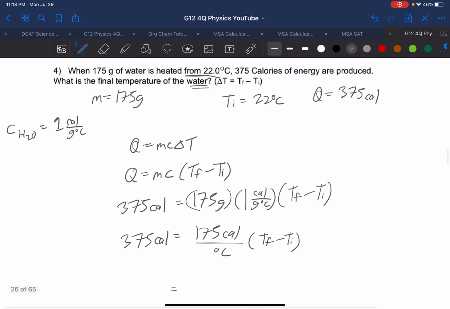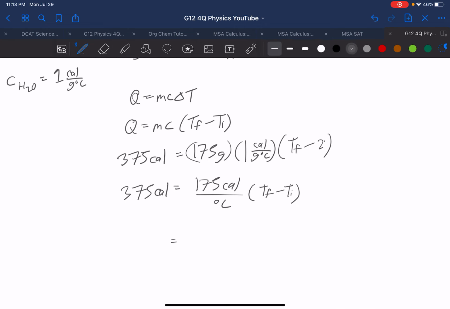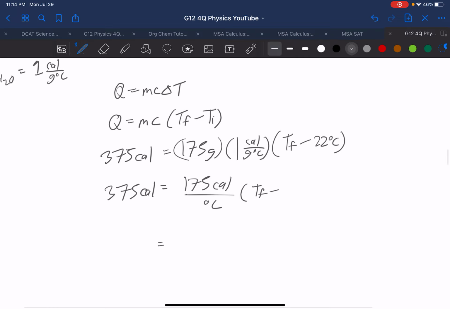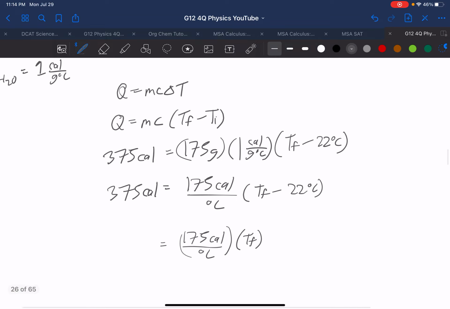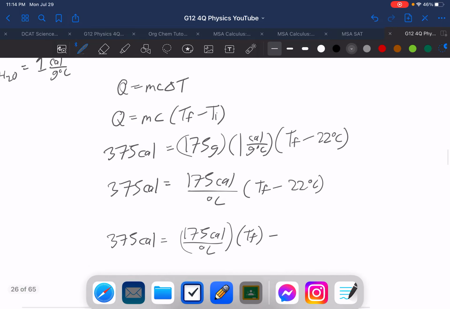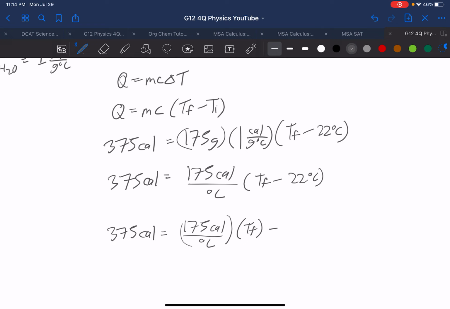But we do know what TI is, right? It's 22. Why did I place it earlier? 175 times 22 is 3,850.